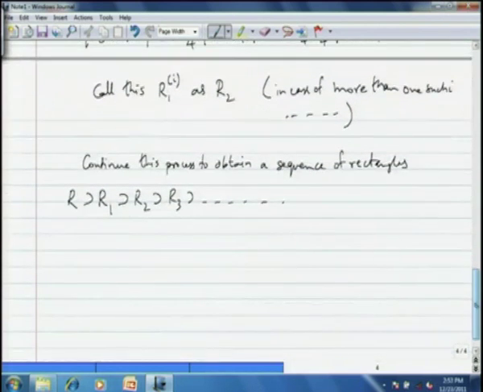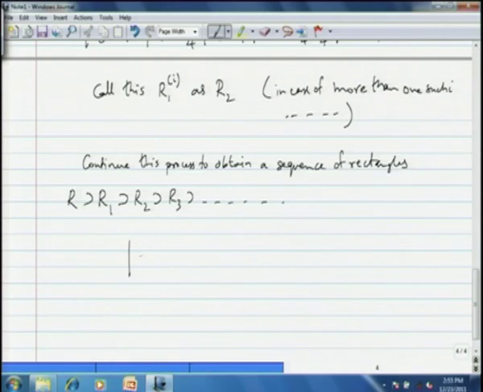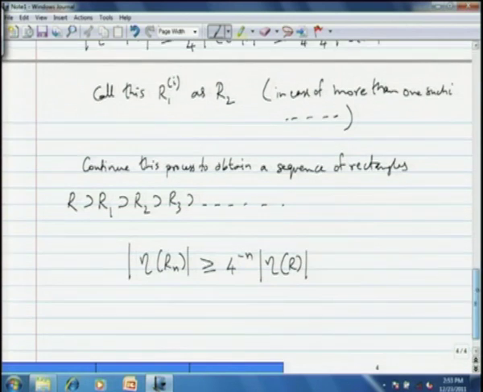So we get this nested sequence of rectangular regions, and what's nice about these is that we have an estimate that the modulus of η(R_n) is at least 4^(-n) times the modulus of η(R).